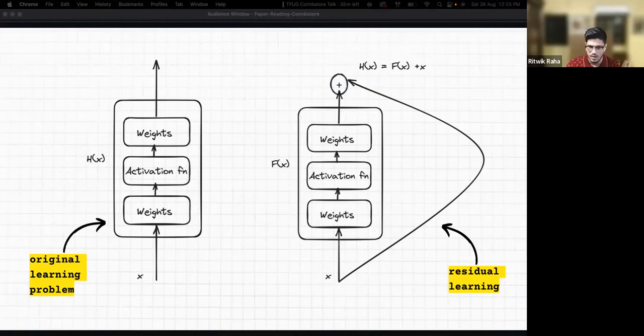That allows us to call this new network architecture f(x), because this is not the same thing as that; it has changed. We are adding x back here. So now what is h(x)? Well, it's simple, because we are adding x to here. h(x) is f(x) plus x, right?